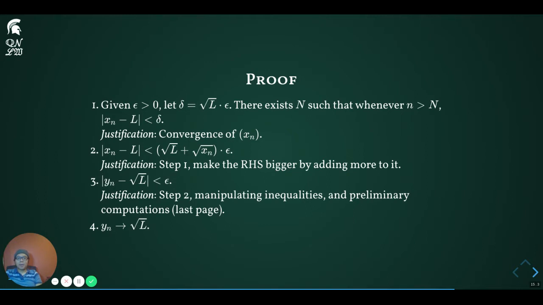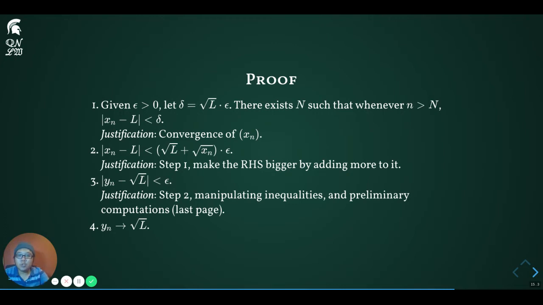We can now substitute back delta equals epsilon times square root of L, and we further can make the larger side even larger and not falsify the inequality. So instead of square root of L times epsilon, we can enlarge it and say that the distance between x sub n and L is less than epsilon times the quantity square root of x sub n plus square root of L.